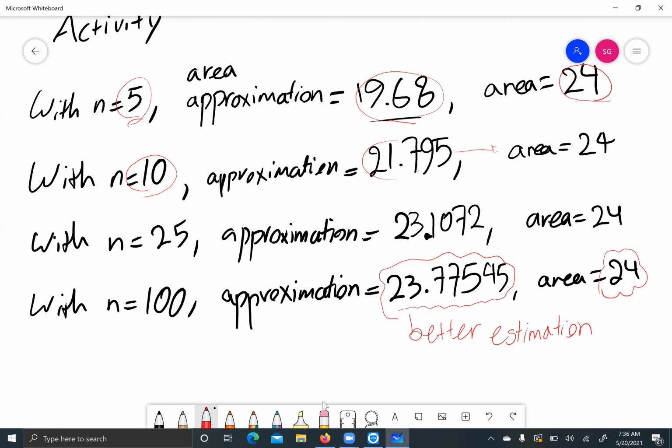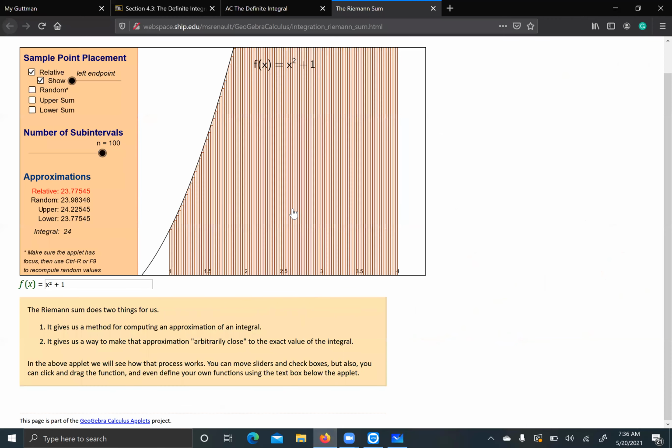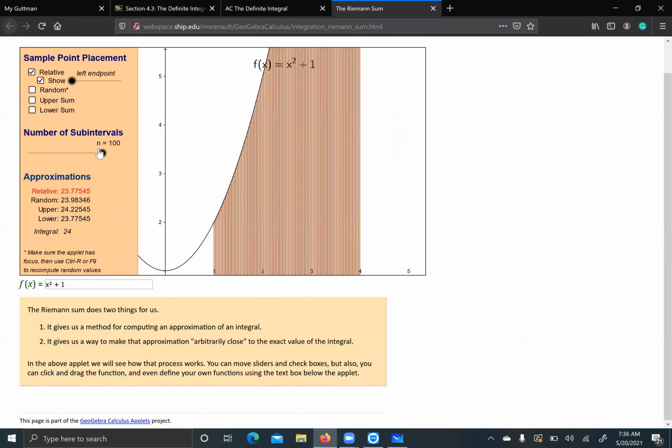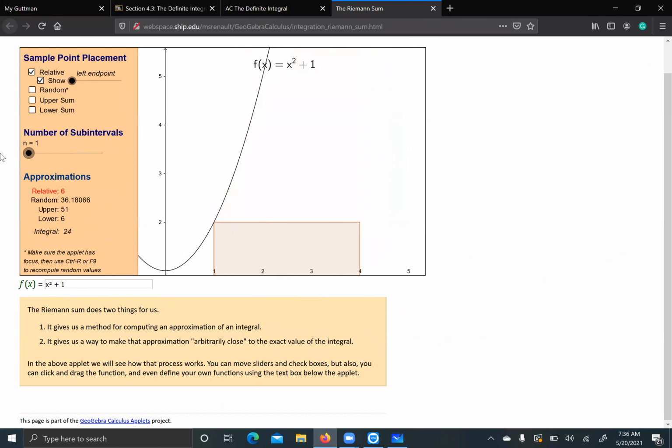So that's the idea. You can do Riemann sum with any number of rectangles that you want, and you can also use 1. If you just use 1 rectangle, you get 6. And 6 is not a good approximation of the value of 24.